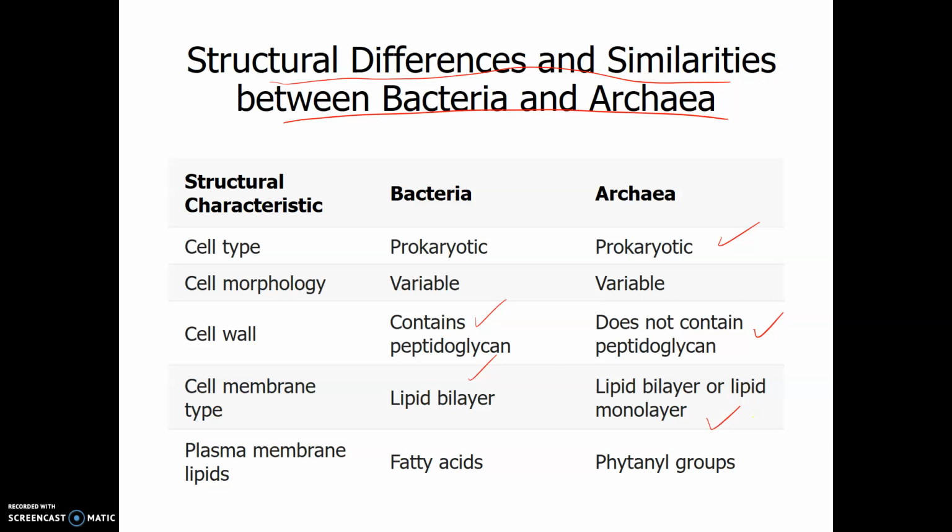And there are a few chemical differences in the phospholipid bilayer, even if it does have a lipid bilayer. It's different from the phospholipid bilayer of the bacteria. In the plasma membrane, lipids are fatty acids in bacteria, and they are phytanyl groups in archaea.